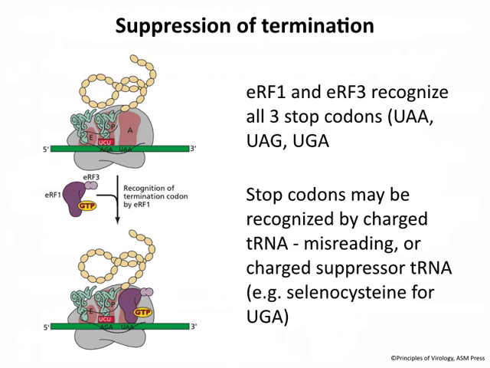In very rare instances, you can have insertion of an amino acid at these termination sites. So for example, sometimes the terminators are misread by a normal tRNA, and you put some other amino acid here. So protein synthesis isn't 100% accurate, and sometimes you put the wrong tRNA in, you make an altered protein.